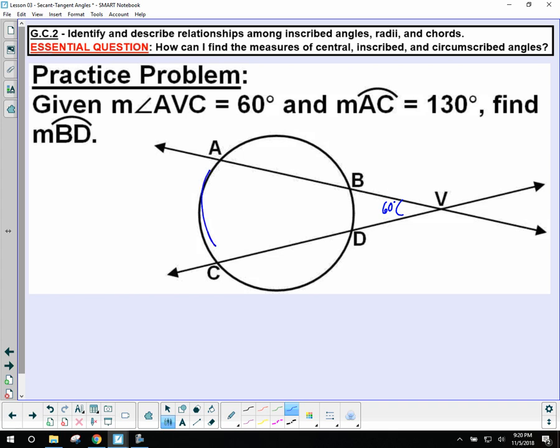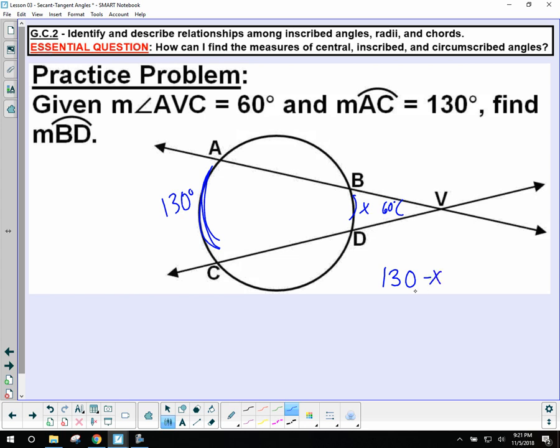Find BD, that's over here. That's X. Ask yourself, where's the vertex? It's on the outside. That means we're subtracting. Bigger minus smaller. So 130 minus X, because I don't know it, all divided by 2, and it should equal that angle, which is 60.